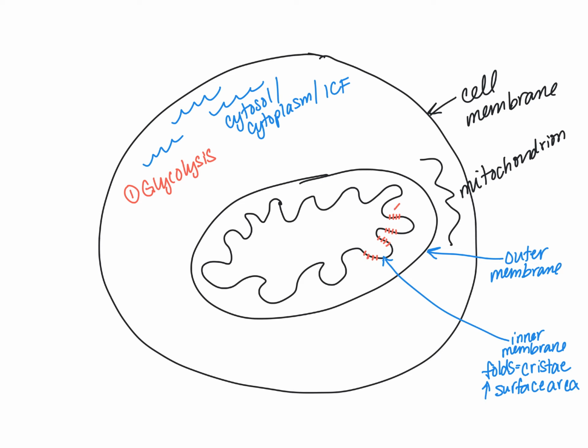All right, so this is the electron transport chain. Now, inside the inner membrane, we have something called the matrix. The matrix is the gooey filled center of the mitochondria. And then the area between the inner and outer membranes is called the intermembrane space.